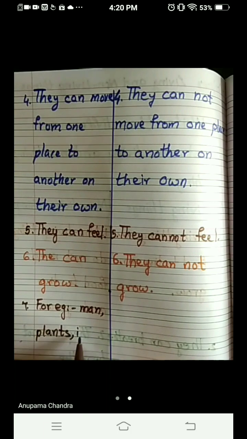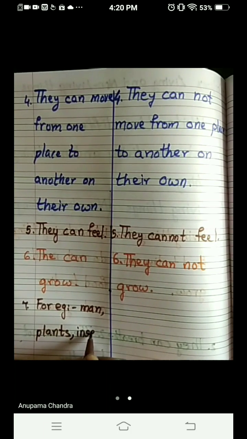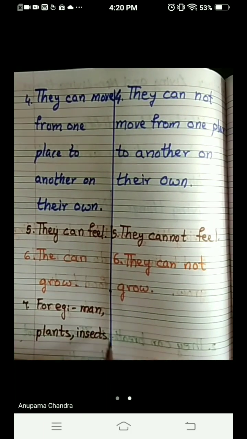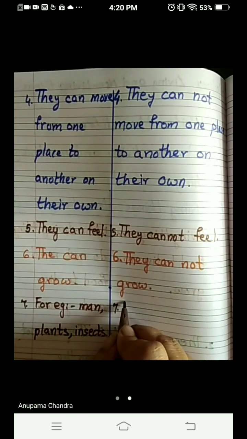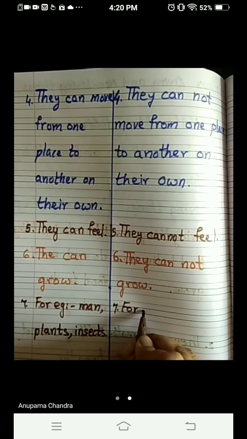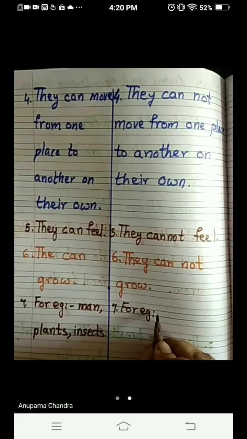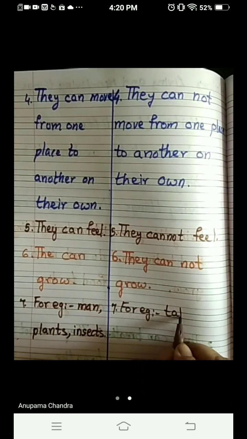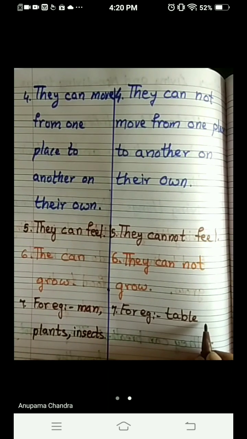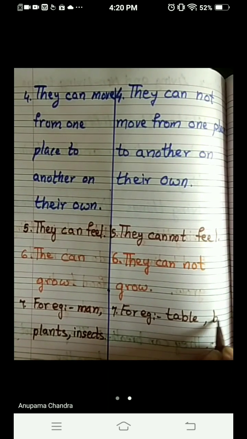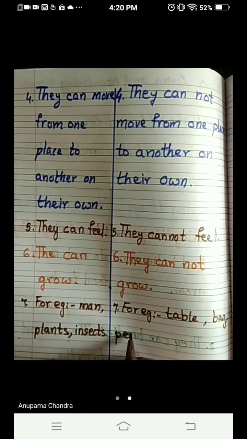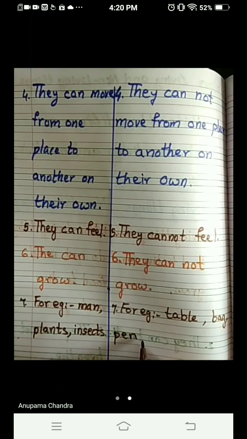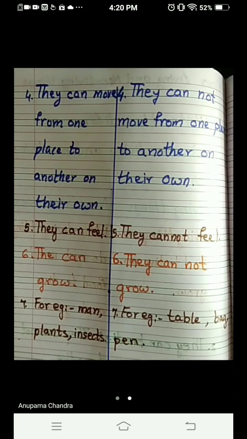One more I can give, insects. And examples for non-living things. For example, table, bag, the pen which we are using, or your pencils, etc.